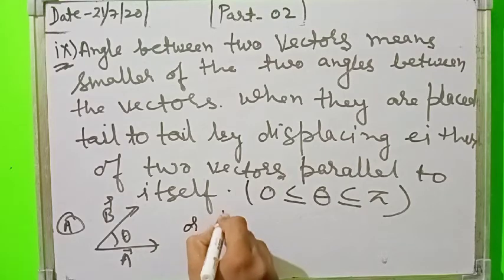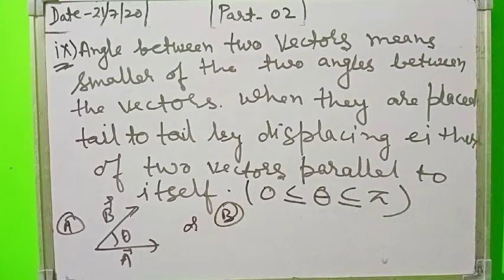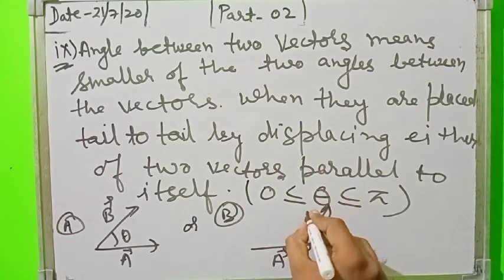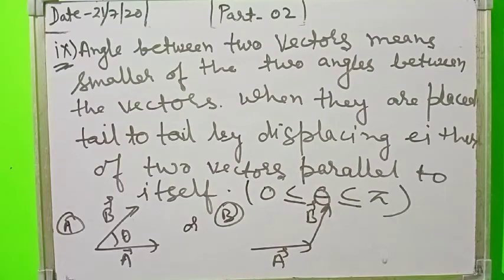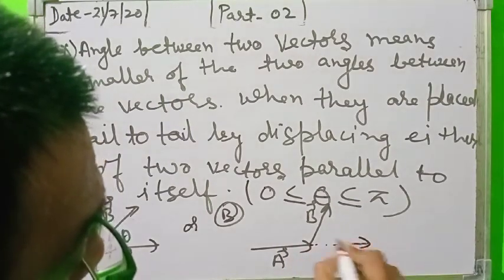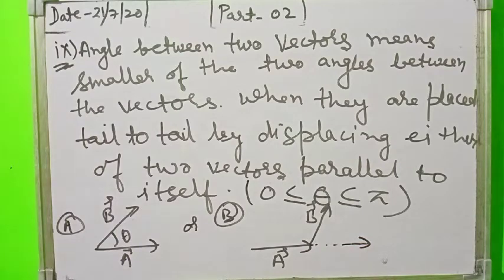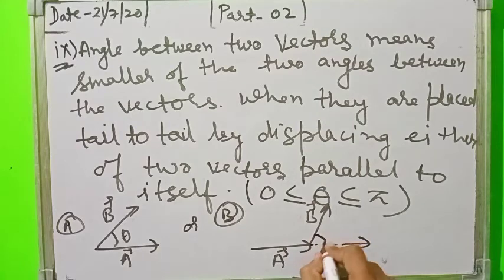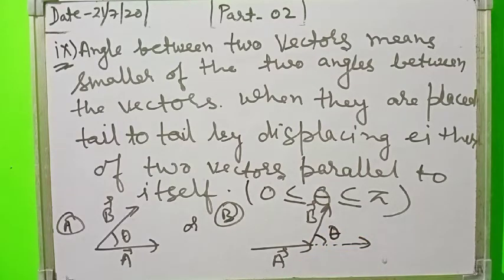Or if the vector is like this, suppose this is A vector and this is B vector, then if we shift it, the angle between A and B is this one. This one is the angle.